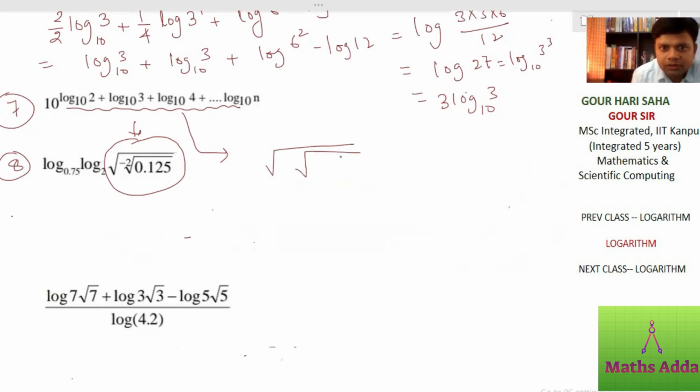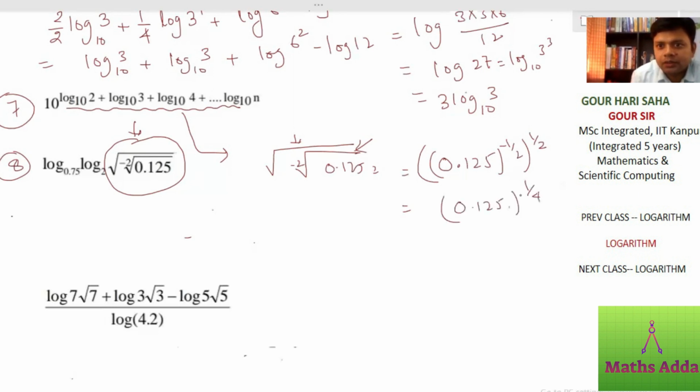Root of this is minus 2 and this is 0.125. This is 1 by 2 and this is minus 1 by 2 power. So it is 0.125 power minus 1 by 2 and this power 1 by 2. So this is actually 0.125 and power is 1 by 4 with a minus sign.